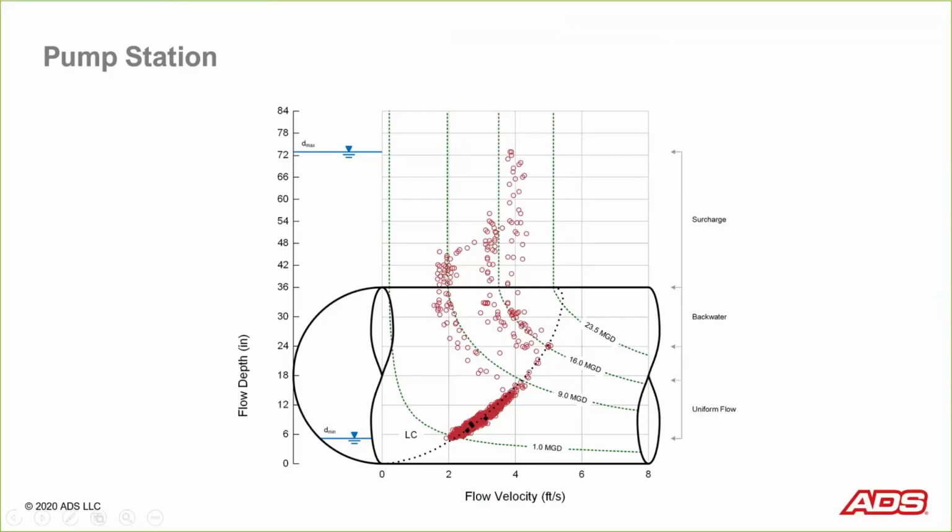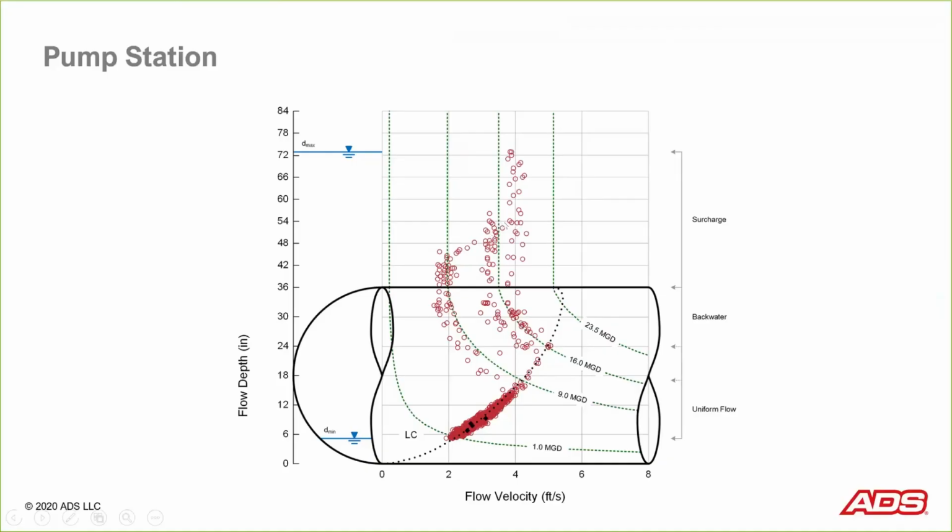And you can see it follows that flow rate, which is the pumping capacity of the station at the time, up until you get about here. At this time, another pump kicks on, causes the velocity to go up and the flow rate to go up. And now I'm operating here along this 16 MGD curve. In some cases, I'm operating a little further to the right, better than expected.